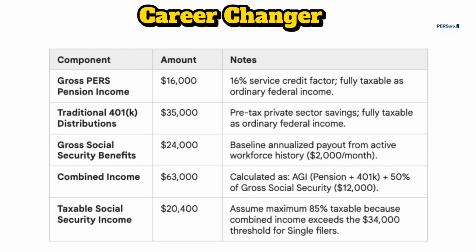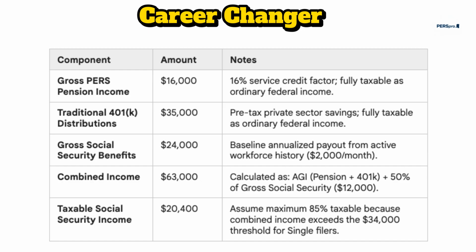To supplement their cash flow, they take taxable distributions of $35,000 annually from a traditional 401k they built during their prior private sector career. They also draw $24,000 in gross annual Social Security benefits.